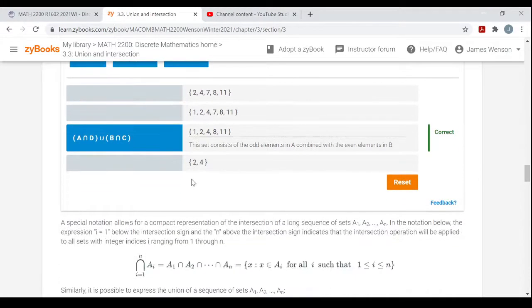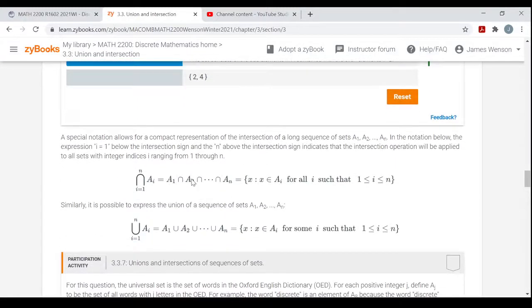All right, now we get into some special notation here as well. So far, we've only done the intersection of a couple sets, the union of a couple sets. You've only seen at most a few sets in any of the expressions we've seen. If you ever see this intersection symbol, hopefully you recall sigma notation for sums. This is very similar.